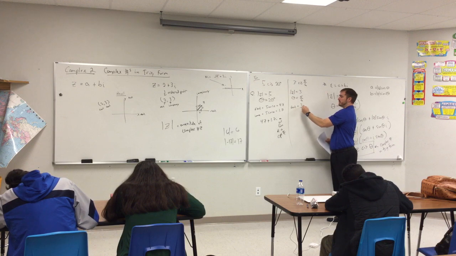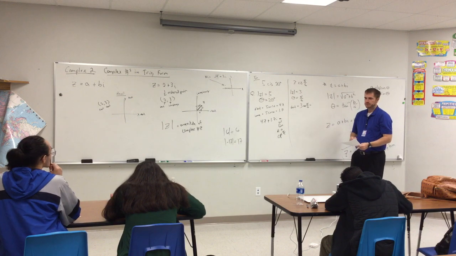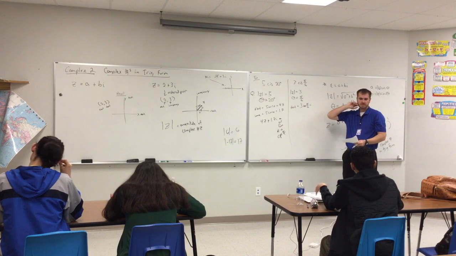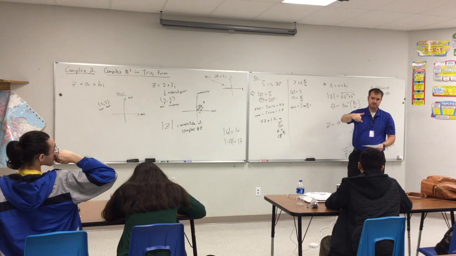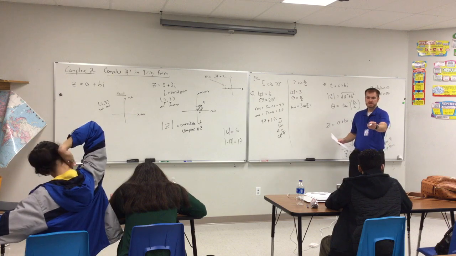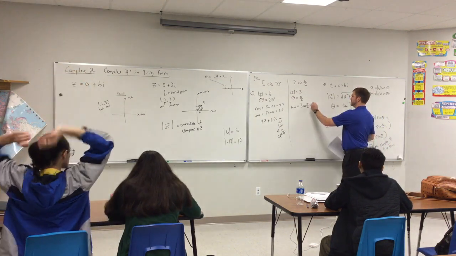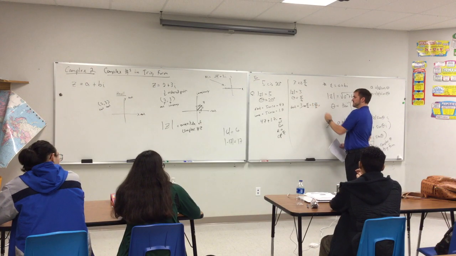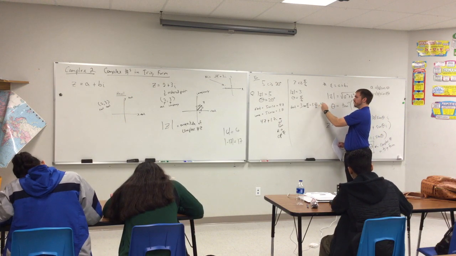So 3 cosine pi over 6. Now, whip out that trig chart there. So you have pi over 6 memorized. Remember, for cosine, that means find the x value. And what's the x value on pi over 6? Root 3 over 2. Okay. So 3 times root 3 over 2, so 3 root 3 over 2.